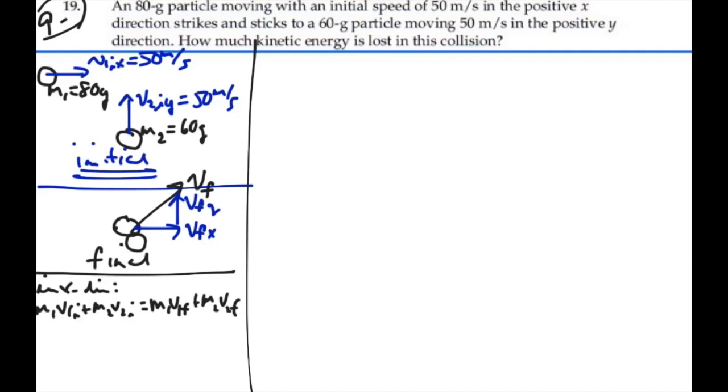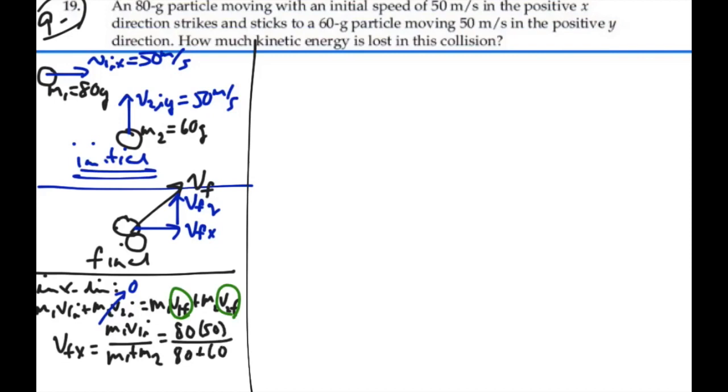In this case, v2 initial will be 0, and v1 final and v2 final will be the same, so we'll have that v final in the x direction will equal mass 1 v1 initial over mass 1 plus mass 2. And that will be equal to 80 grams times 50 meters per second over 80 grams plus 60 grams.